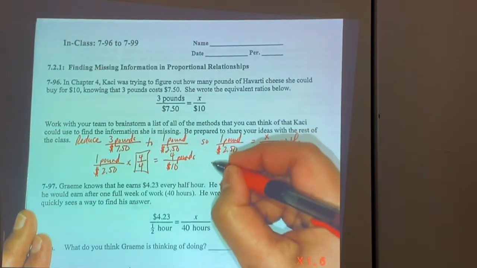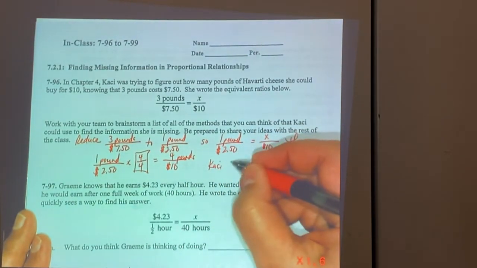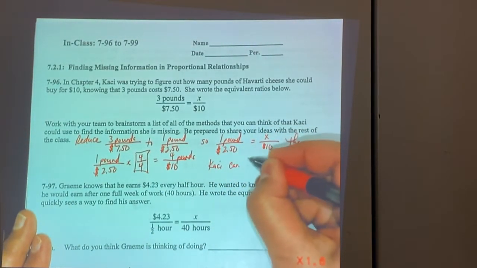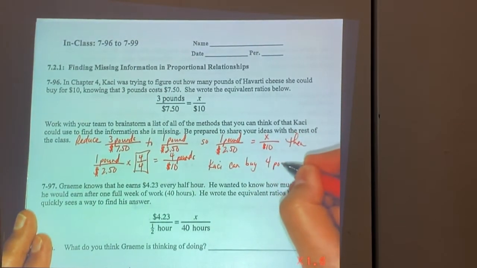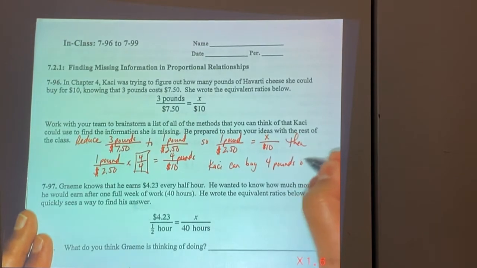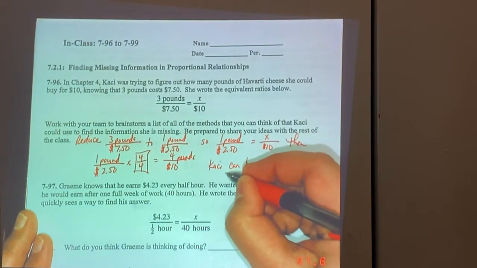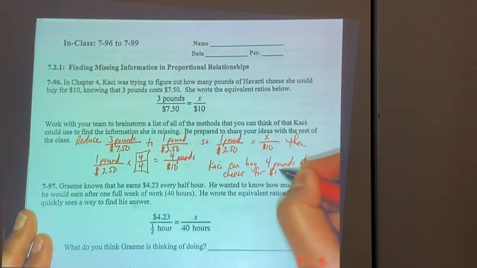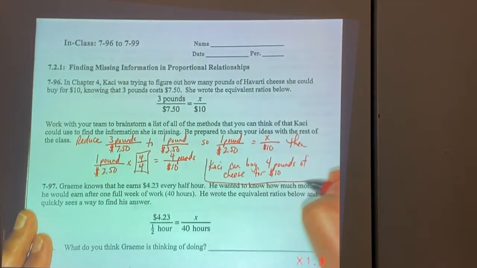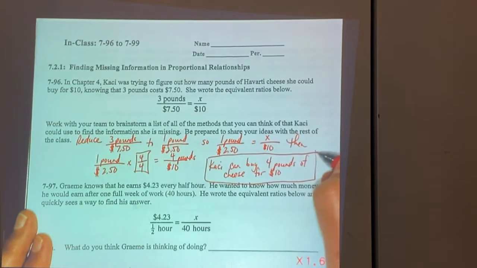So my answer will be Casey can buy 4 pounds of cheese for $10. This is my final answer right there.